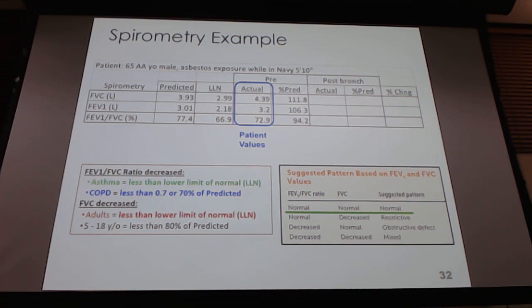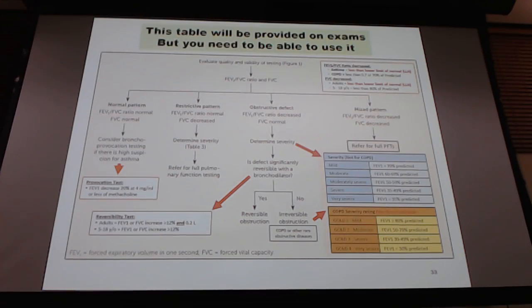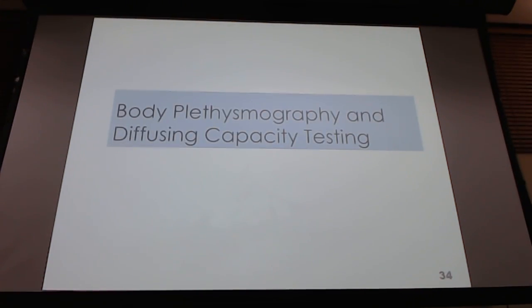Now we come to the middle one and we go all the way out to the right and we're looking at this percent change. If it's above 12, it's reversible. If it's below 12, it's not reversible. If it's 12, I want to do this. But you will get this, so once whatever test you're taking before this test is over, we'll reorient you to that.